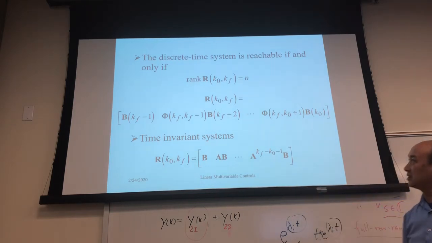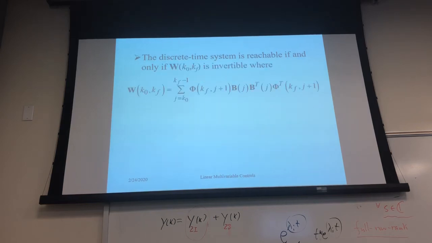This R matrix looks like this. So sometimes the discrete reachability gramian is defined like this. And the reachability gramian can actually be written in terms of those controllability matrices R. So this is interesting, okay?